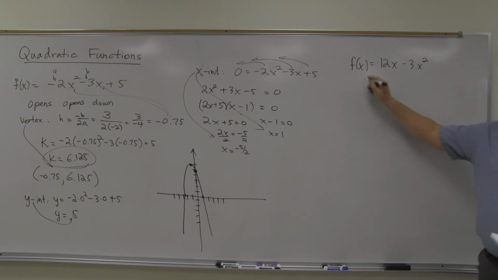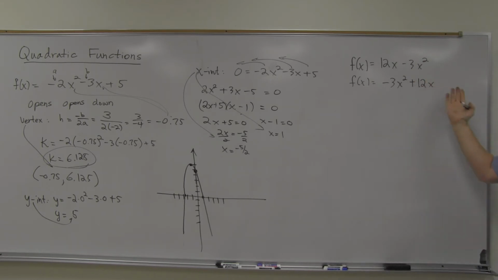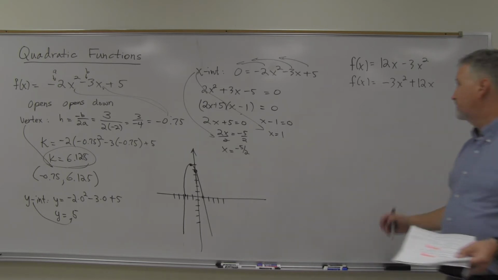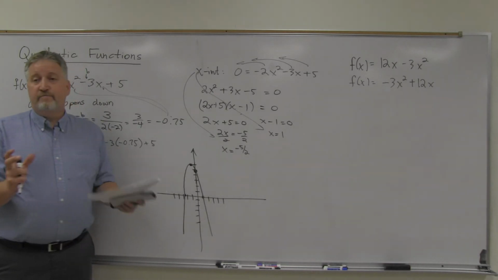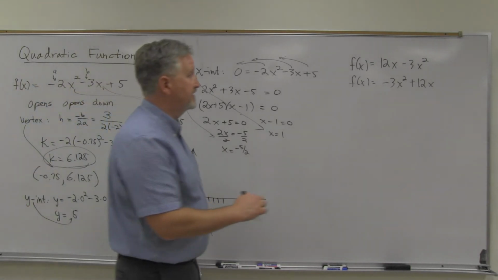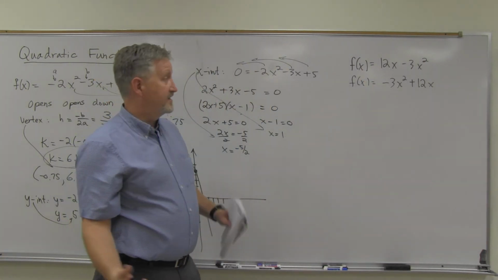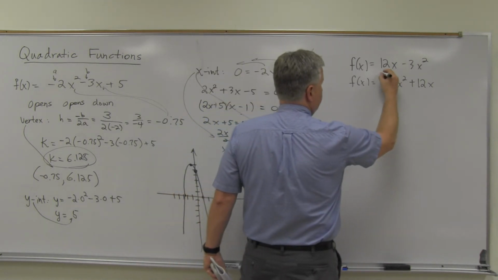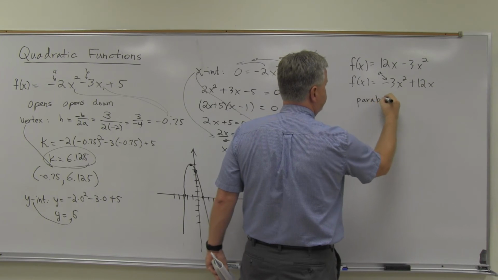So it's minus 3x squared plus 12x, and I don't have a c, so c is 0. But be careful here, because the a is actually the -3. If we said the a is 12, we'd say this parabola opens up, but actually the a is -3, and so this one opens down.